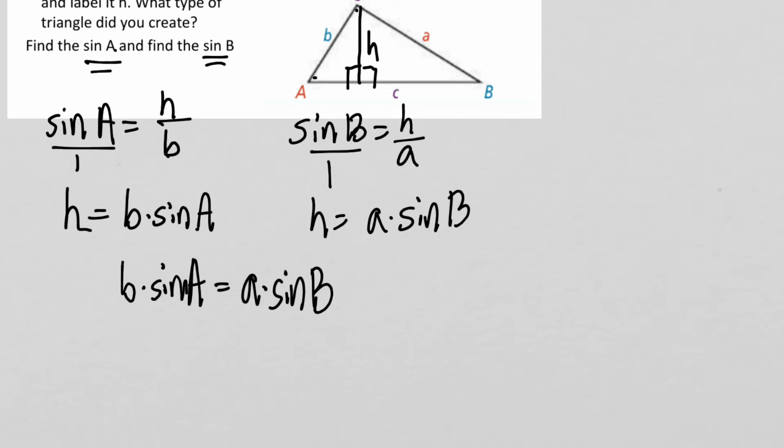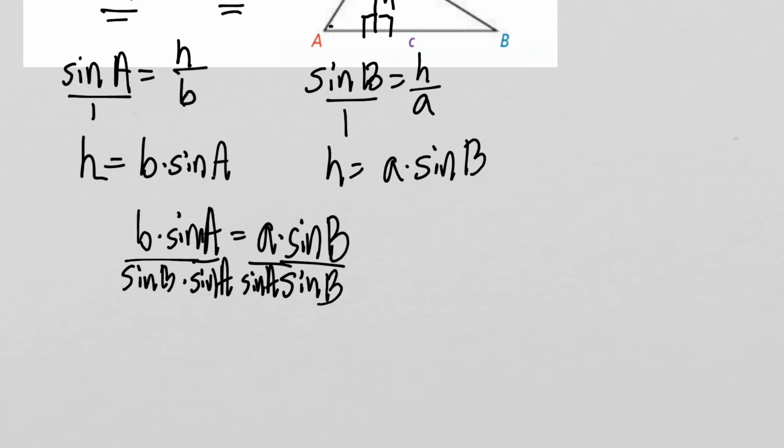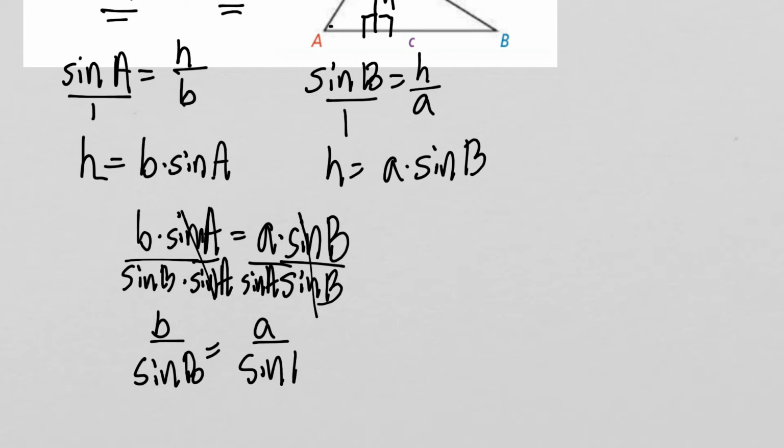So we're going to flip-flop and move this angle here by dividing over to this side. And I'm also going to divide by sine A so that I could bring it over on this side. So when I do all that, these are going to cancel. These are going to cancel. And this is my law of sines.